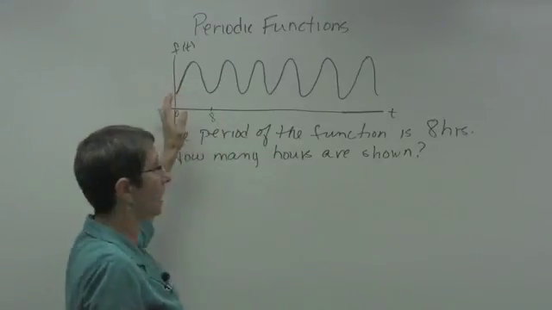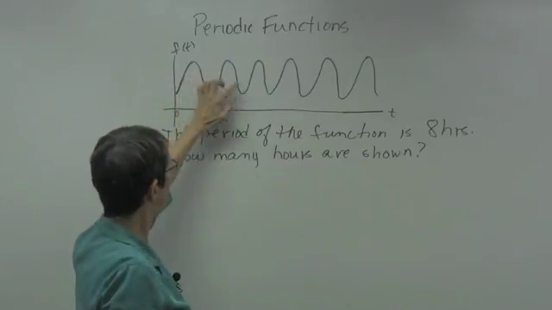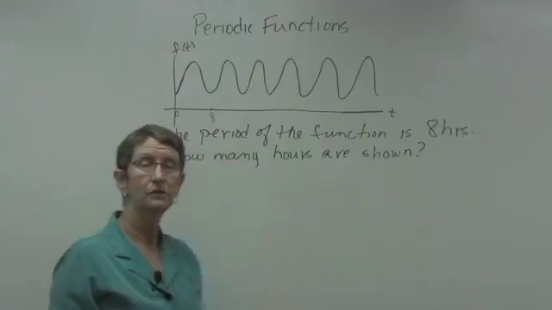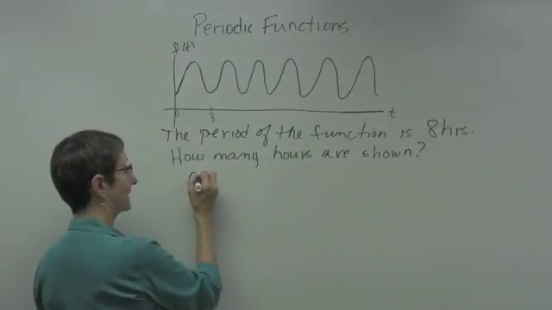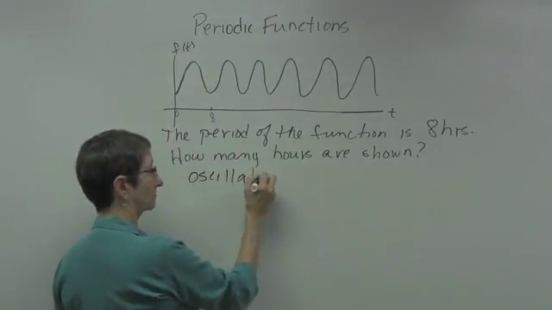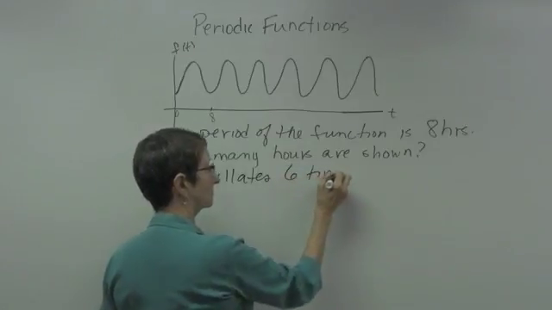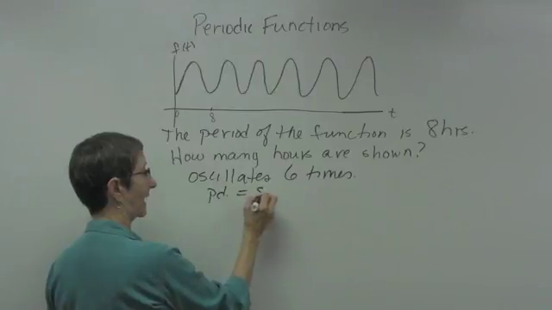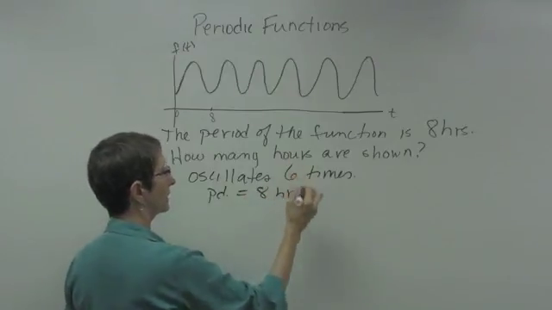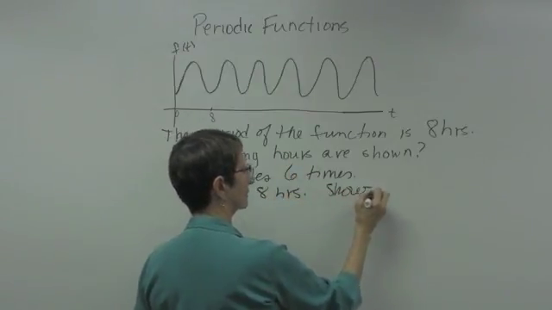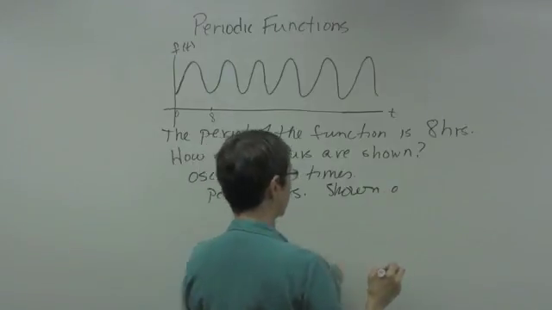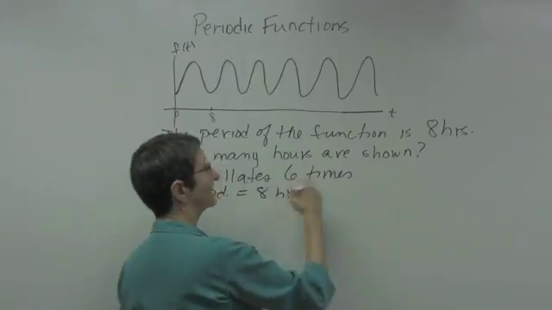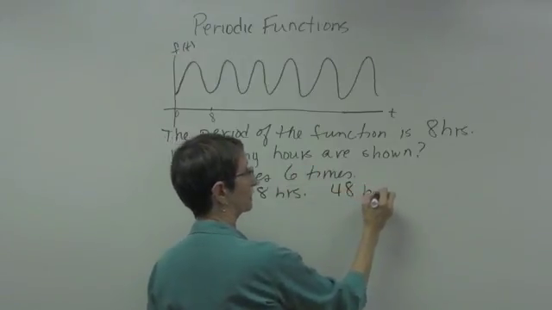So how many times does it oscillate? 1, 2, 3, 4, 5, 6. So since it oscillates 6 times on this graph, and the period is 8 hours, then what is shown is 6 times 8, 48 hours.